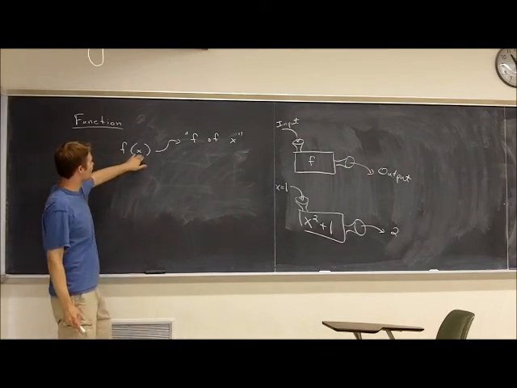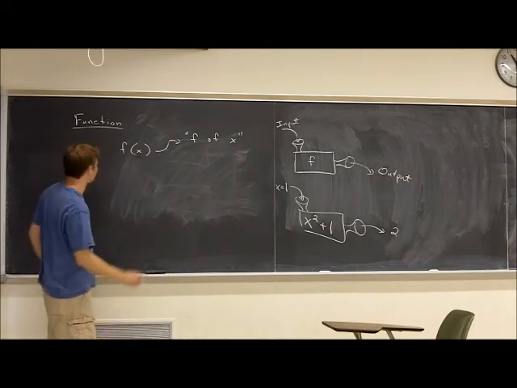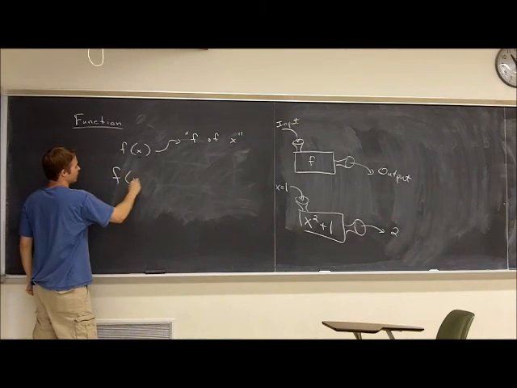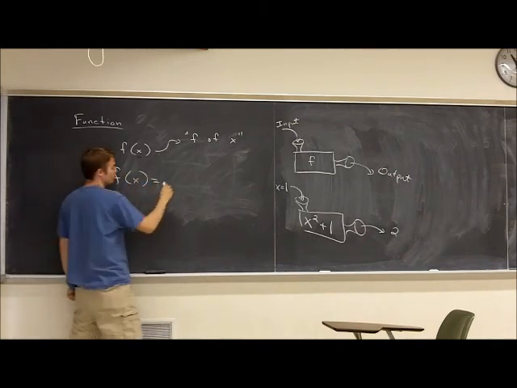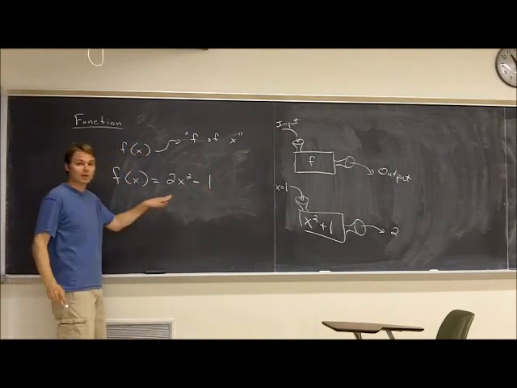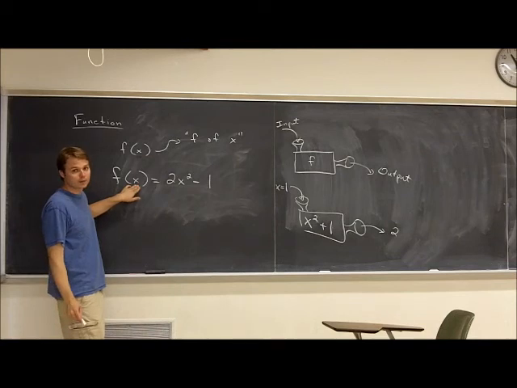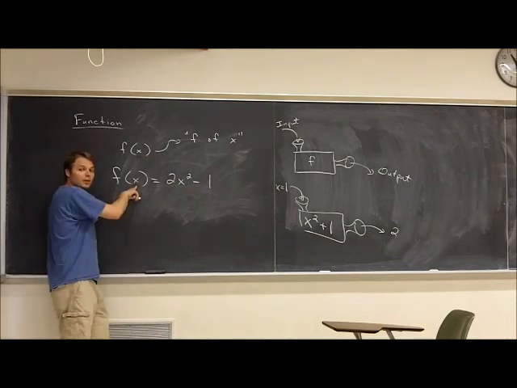This essentially tells us that x is our input variable for a function. So for example, I might have a function like this. f of x is equal to 2x squared minus 1. This is my function.